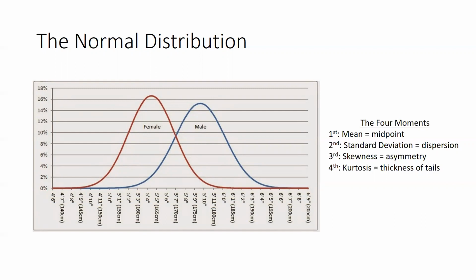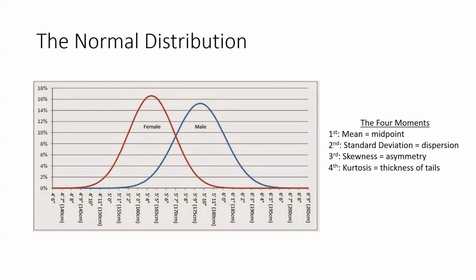On the x-axis, it shows you the possible outcomes of a random variable. In our case, what's the random variable? It is height. So we're showing you all of the possible outcomes on the x-axis. On the y-axis, we're showing you the probabilities of those potential outcomes.